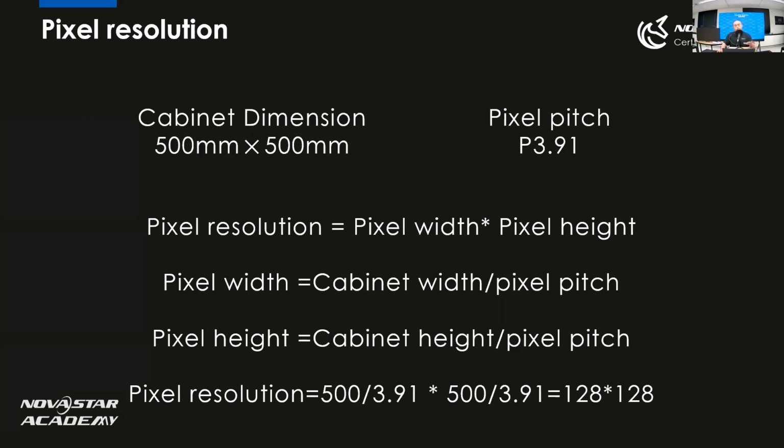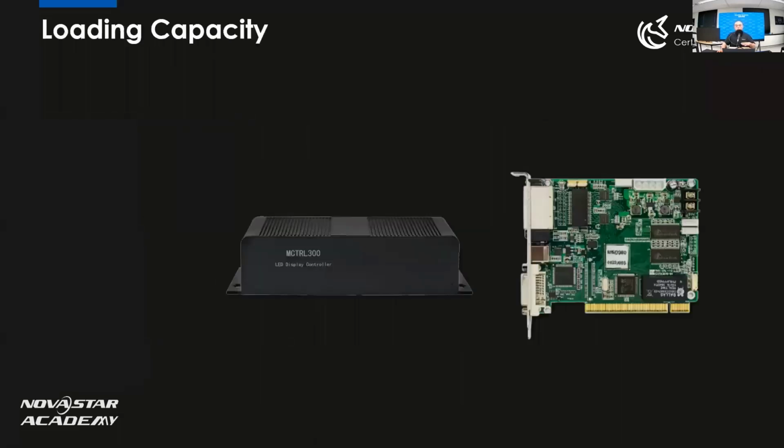So next time, if you talk with a NovaStar engineer, you can just tell him the resolution of your cabinet. No need to repeat the physical size again. It will save a lot of time. Okay. Now let's use the simple product, the MCTRL300, as an example to discuss the loading capacity. So for the loading capacity of each output, you can check it on our specification.